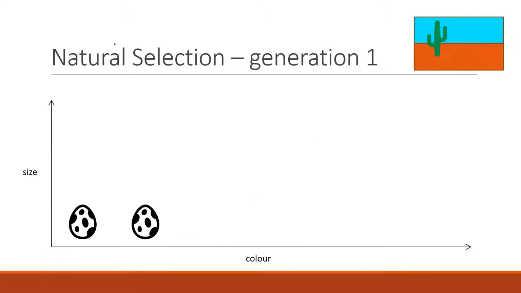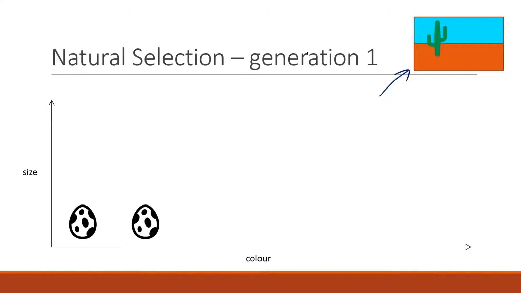Let me just grab a blue pen here. What we're going to do is take this desert and put in some animals, and we're going to see how those animals respond to different things in the environment.